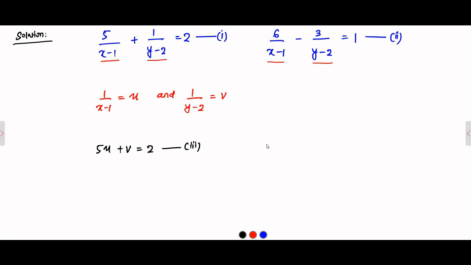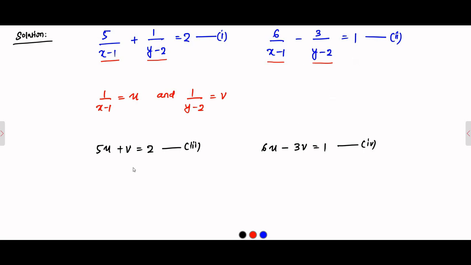And here we'll have 6u minus 3v is equal to 1. Let's say this is equation 4. Since 1 by x minus 1 is u and 1 by y minus 2 is v, 5u plus v is equal to 2, and 6u minus 3v is equal to 1.